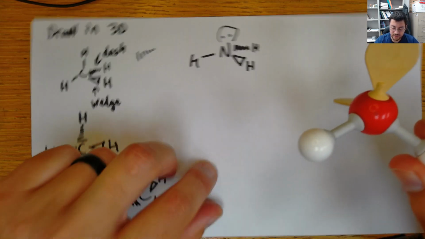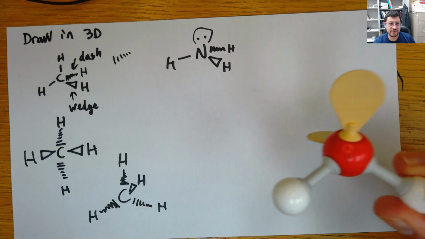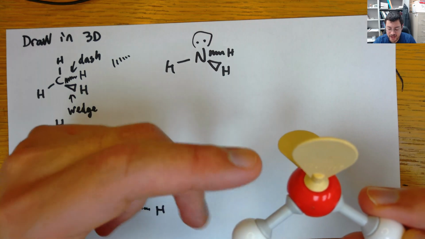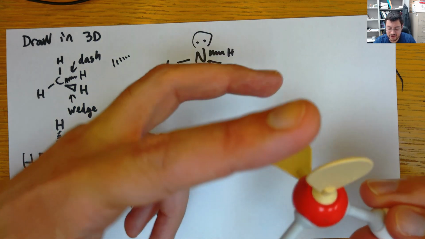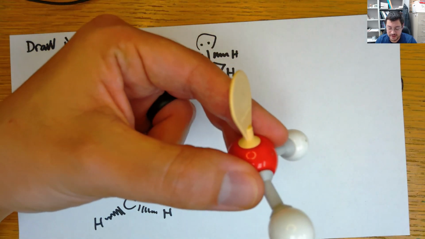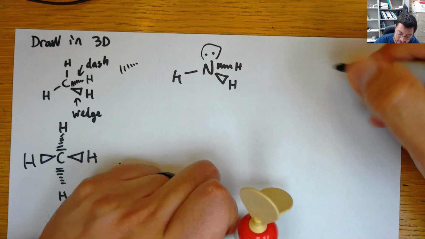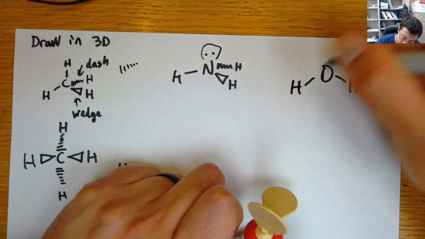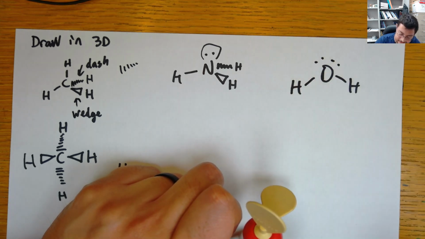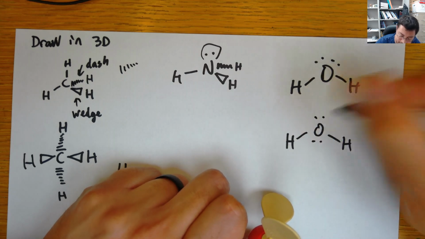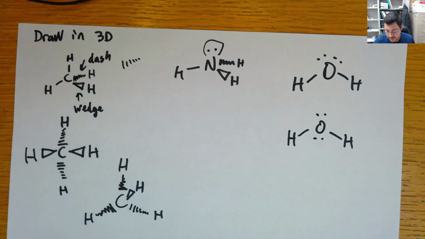Not even for water. You may be thinking, well, it's in the tetrahedral family. But look at its atoms. They're bent. It's bent. We don't have any atoms that we have to draw in 3D. I mean, if we held it like this, I guess you could draw in 3D, but we don't have to. So for something like water, it is perfectly acceptable to do something like that, or some people like to draw water like that. Anyone who's taken chemistry will usually understand these two to mean the same thing.